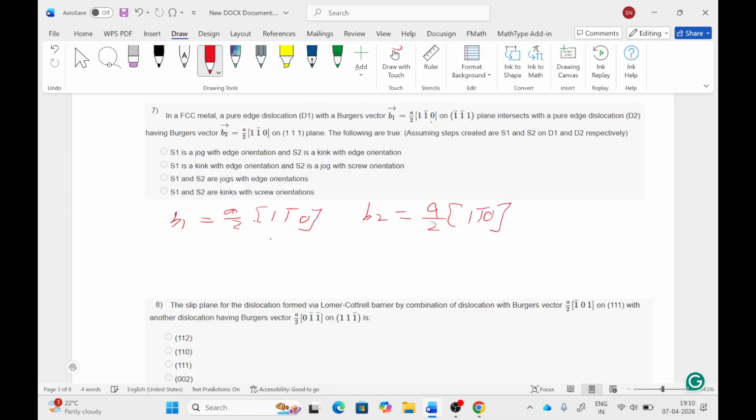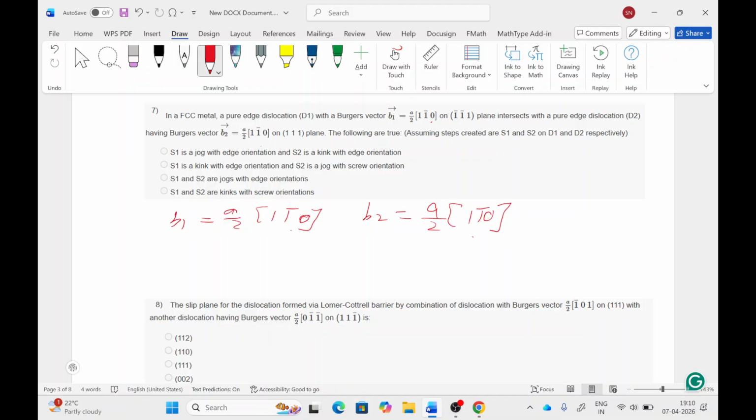So as the Burgers vectors of both dislocations are the same, they will move parallel to each other.